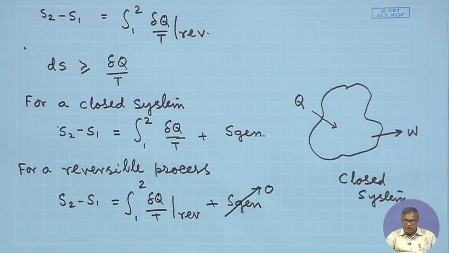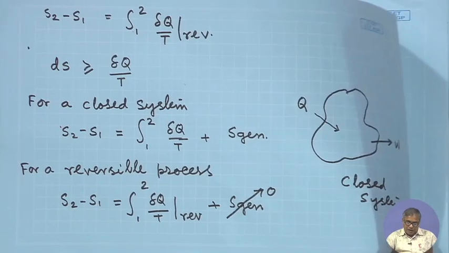So, if it is an irreversible process, there will be some entropy generation, and the causes of irreversibility I have already discussed. So, if those types of causes are there, there will be some entropy generated. So, what we have got? Let us say there is an isolated system.